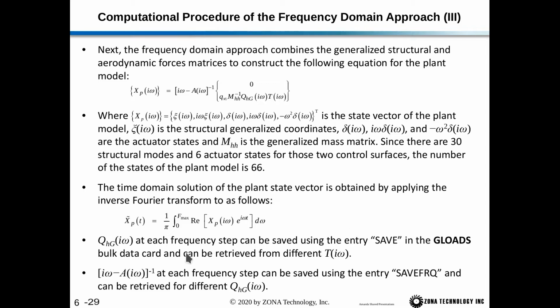And the I omega minus A of I omega inverse, that's shown here, at each frequency step can be saved using the entry save FRQ, and then can be retrieved for different QHG. And I misspoke earlier. We're using the save FRQ option, but we're not using the save option in the GLoads card.